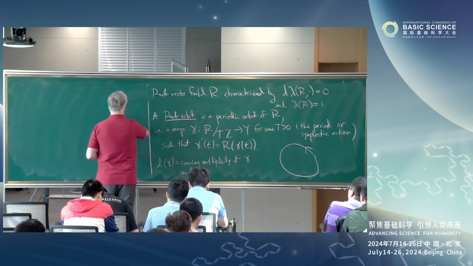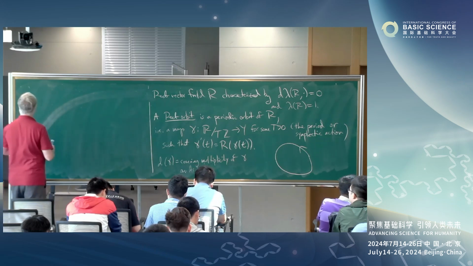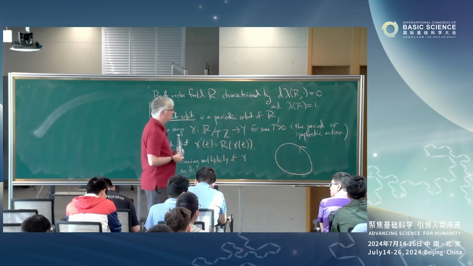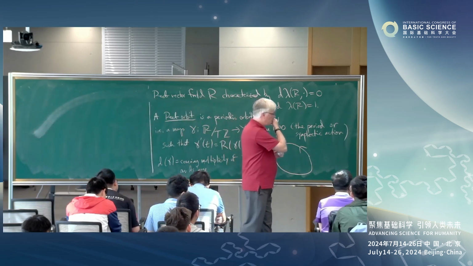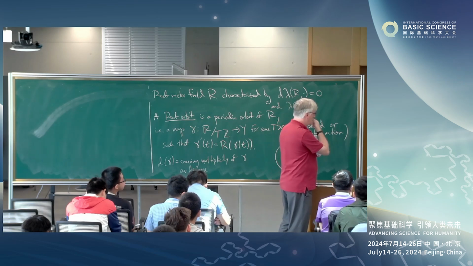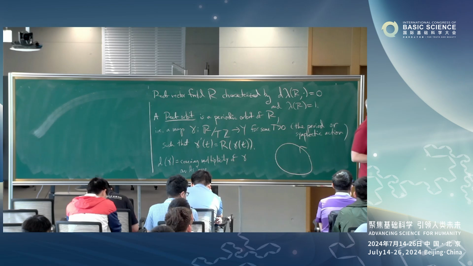Why is the linearized return map symplectic? Well, the tangent space is the sum of the Reeb vector field and the kernel of lambda.